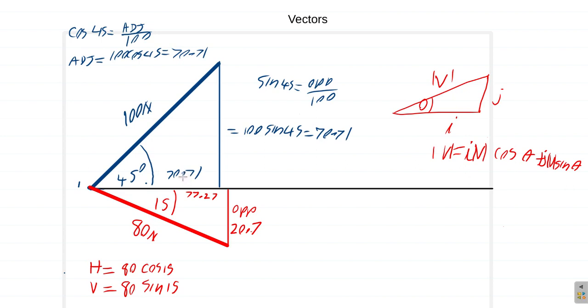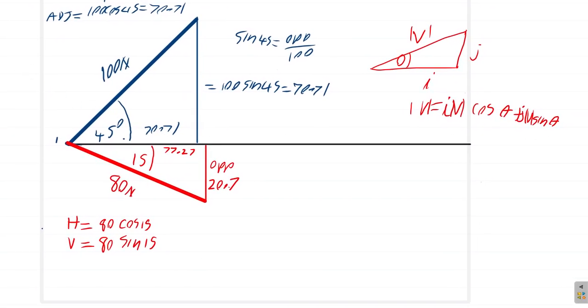Now the thing is, we have a situation where we have resolved these vectors into their horizontal and vertical components. The blue vector, if you draw it like this, would have a similar height and length.